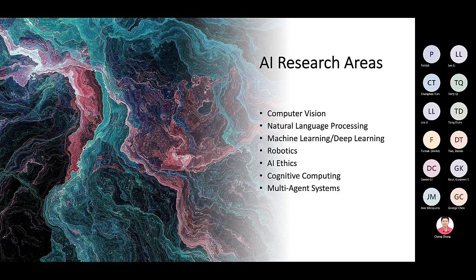And the next topic is cognitive computing. So this is an area where people study how to utilize the knowledge base collected by the AI system and use that to implement something similar to the human thought process, such as perception, reasoning, and decision making.